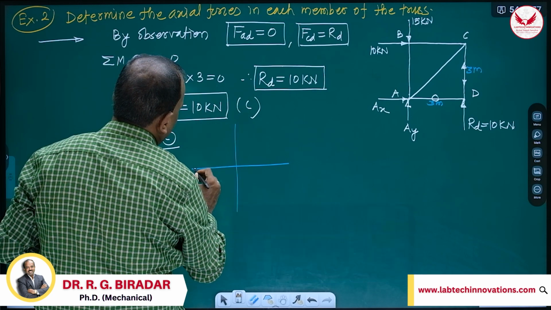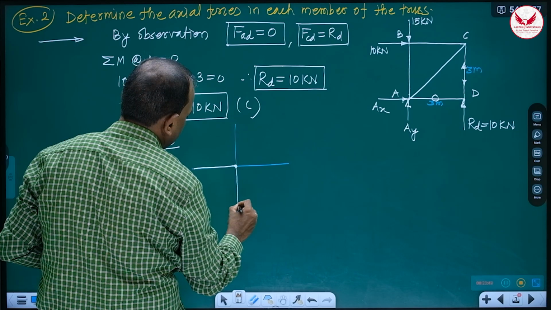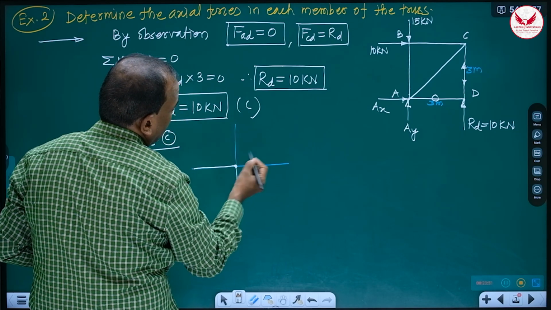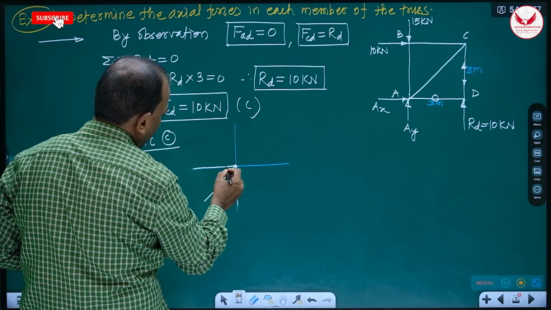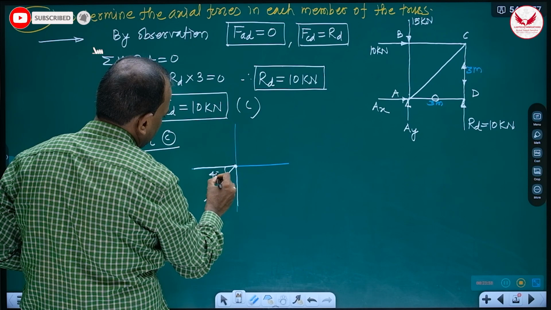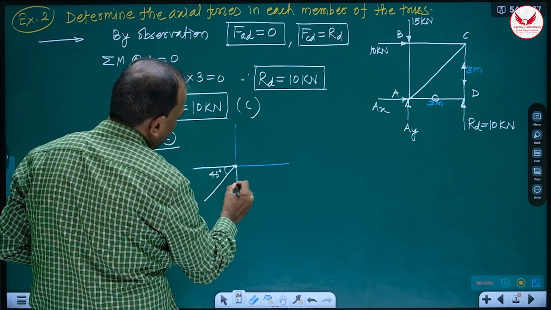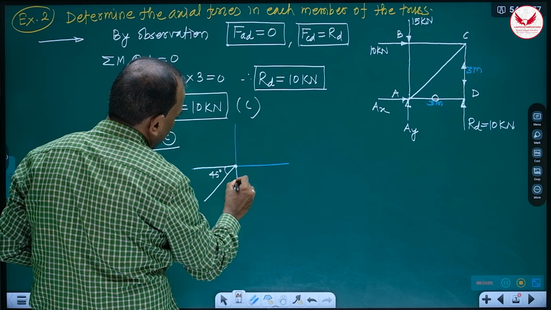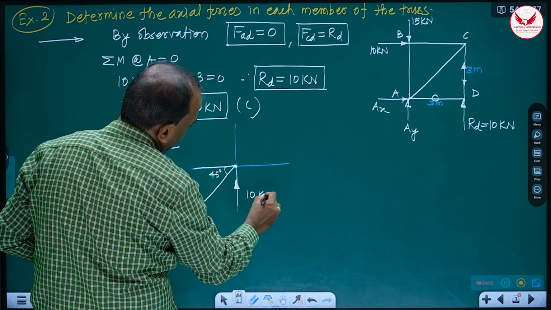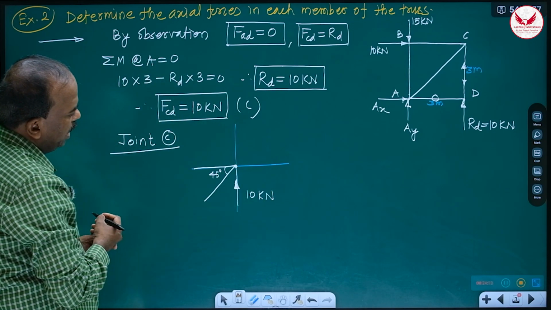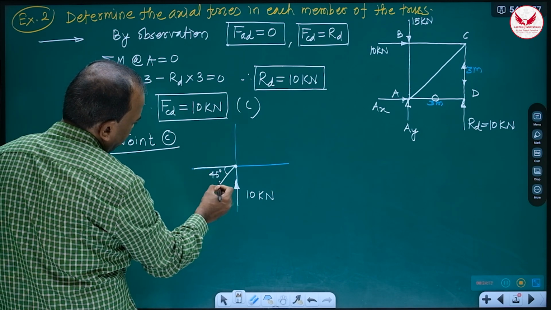Out of those 3 members, one is horizontal, other is vertical, and third one is inclined. So when 3 by 3, means straight away this inclined member is making 45-degree angle. Now here known value is what? CD member compressive. Compressive means towards the joint. And this CD member we know is 10 kilonewton. If it is 10 kilonewton upward, then the other cannot be downward.